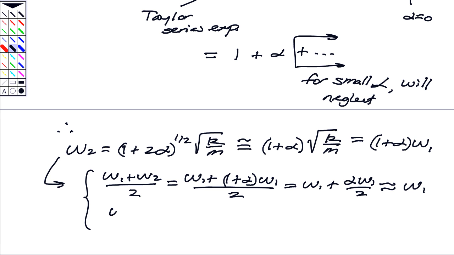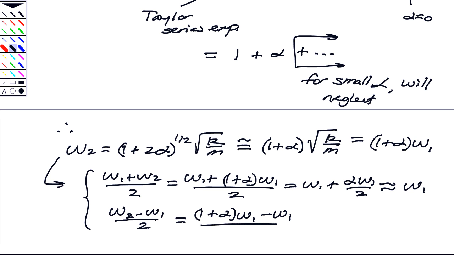Where the difference of the two becomes important, omega 2 minus omega 1 over 2, that's 1 plus alpha omega 1 minus omega 1 divided by 2. And this is exactly equal to alpha omega 1 over 2. So the difference becomes an important number here. That difference is small. It's proportional to that value there of alpha.